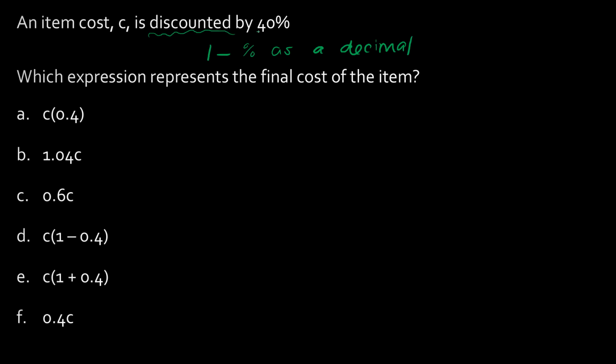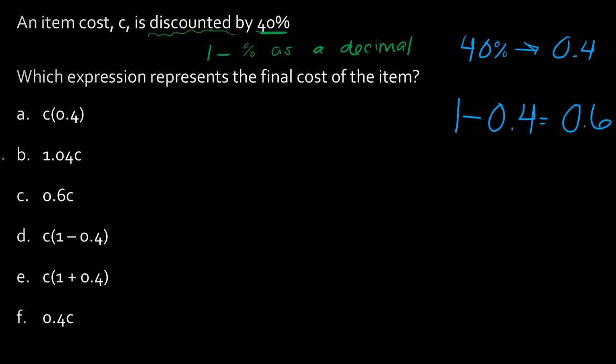So here my percent is 40, so when I take 40 and write it as a decimal, 40% is going to go to 0.4 as a decimal. So to figure out which ones work, I want to do 1 minus 0.4, which gives me 0.6. So this 0.6c is one of those right answers.